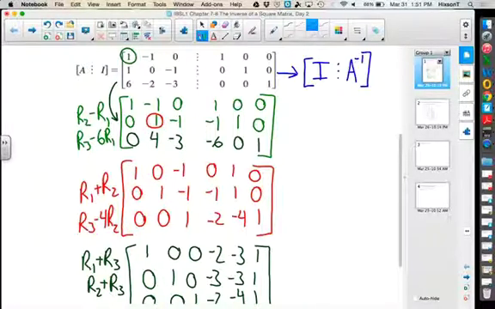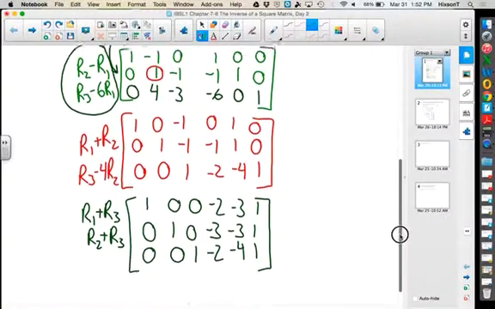I did these steps here to get from this line to this line. And then this is what I did to get from here to here. So I did the -4 to get the 0 there. You can do it either way, it's fine. Just the way my brain works.